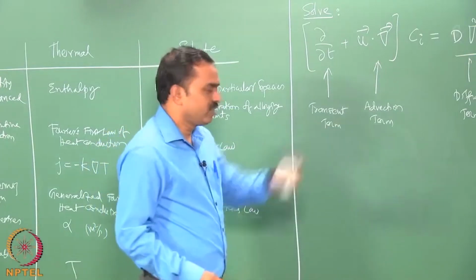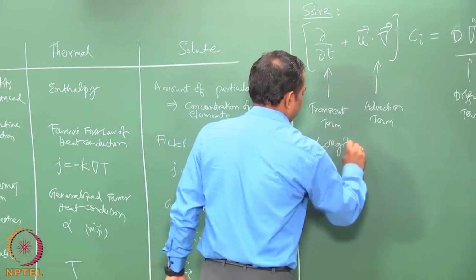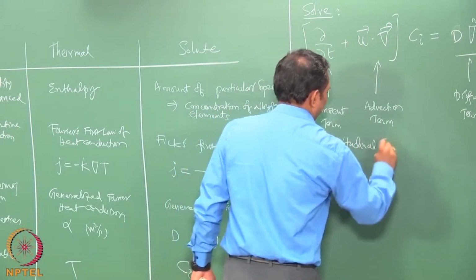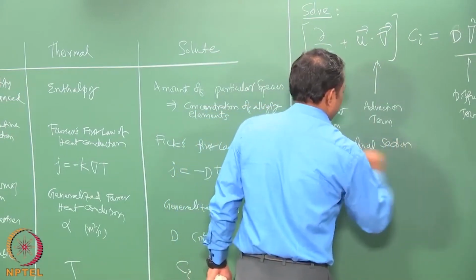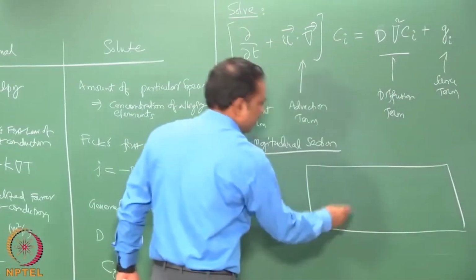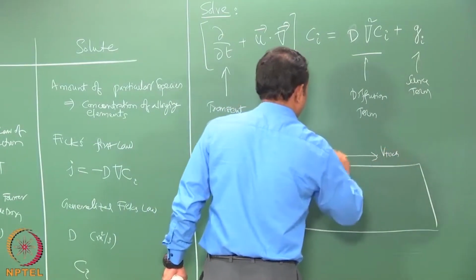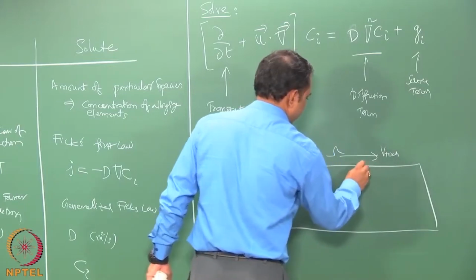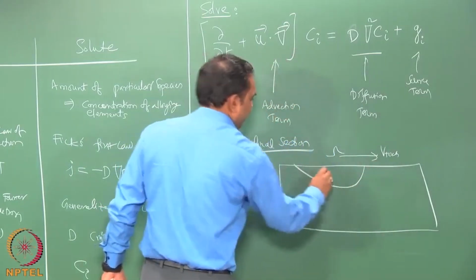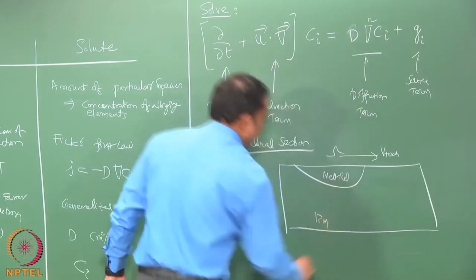So, to know that you can actually look at what is called the longitudinal section and see what is happening. So, in the longitudinal section you always capture the vector that is corresponding to the torch, and you would have the melt pool, and this is the base material.